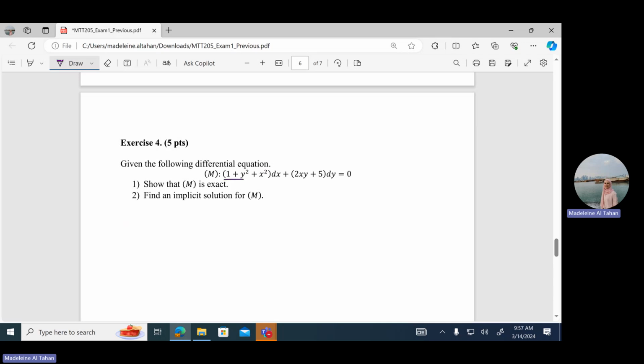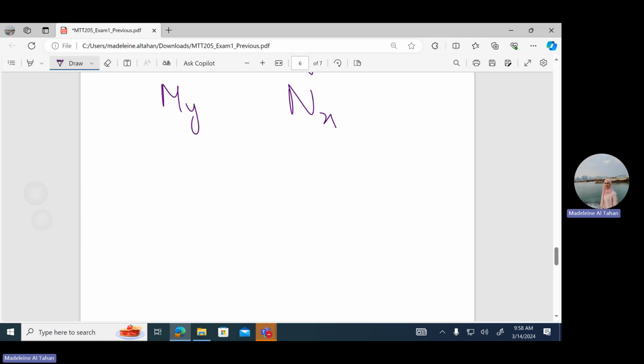We consider this one as M and this one as N. We will find M_y, and we will find N_x. If they are equal, it means that it's exact, and we can continue solving it. If they are not equal, it means that it's not exact. Okay, miss? This one also was solved.